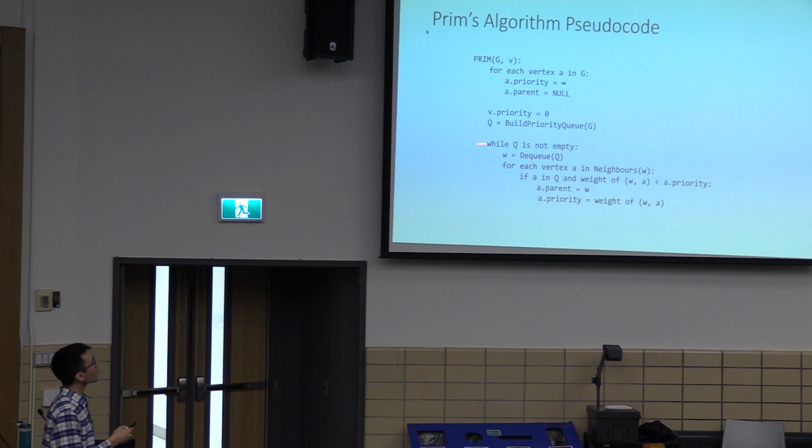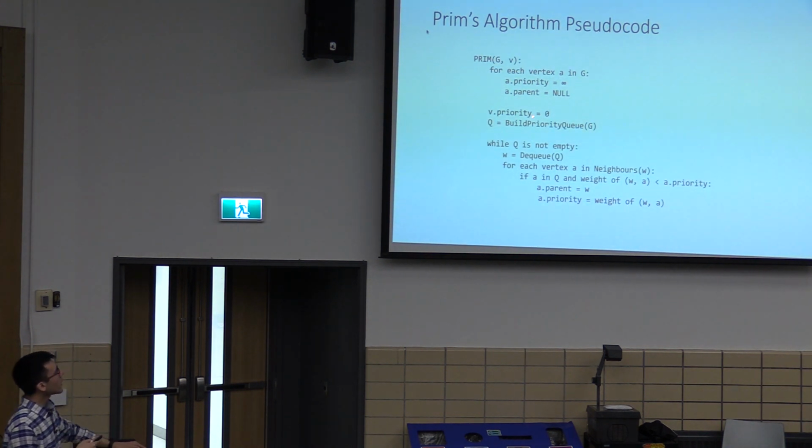We're going to build a priority queue that contains all of the vertices in our graph. Then, while the queue is not empty, we're going to dequeue the next vertex. In this case, it'll be v, because that's the only one with the priority of 0.